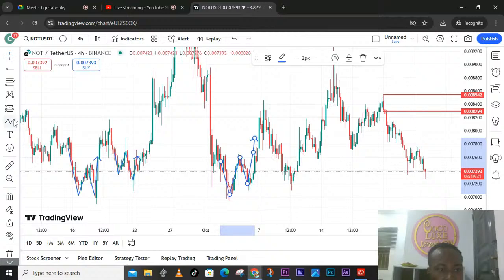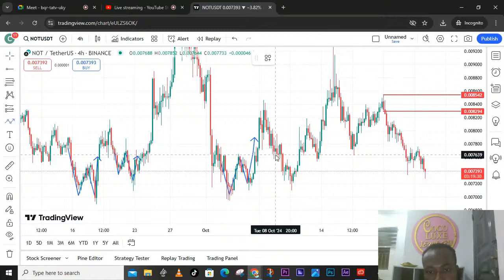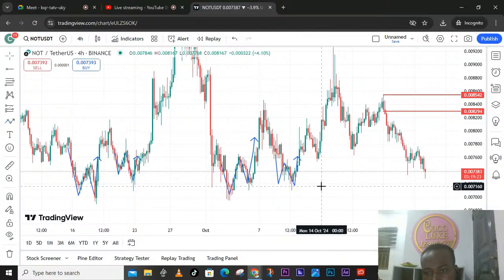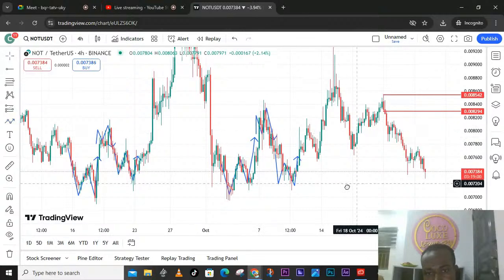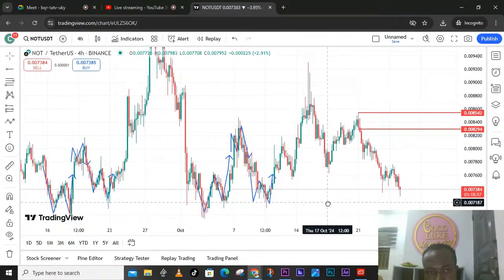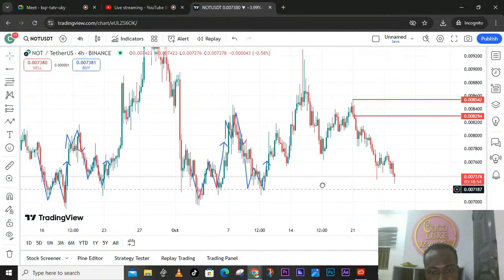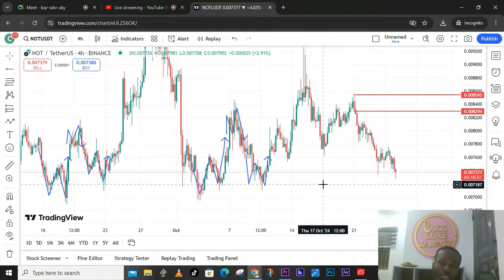Based on the nature of this chart, it's going to be giving a W pattern. If you look at the inverse of that, it gave me an M here, an M here, and an M here. So based on the W pattern and the M pattern, we can actually use it to place trades on Notcoin.